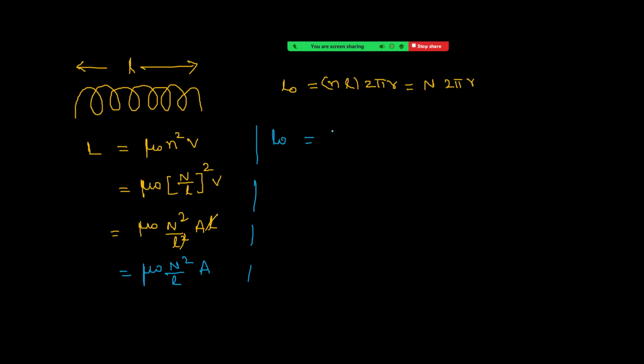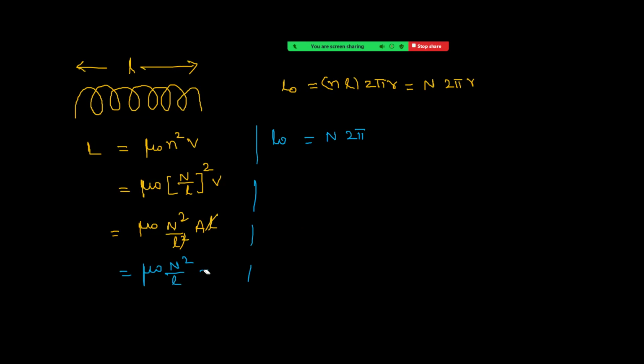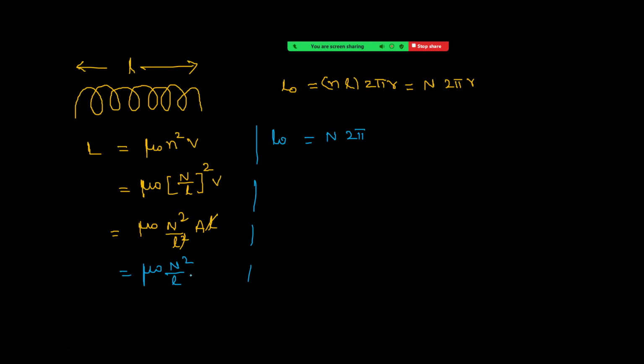L naught is equal to n into 2 pi in the place of r. See what I can write. I can write here in the place of A, pi r square. Right? So from this, I can get the value of r.